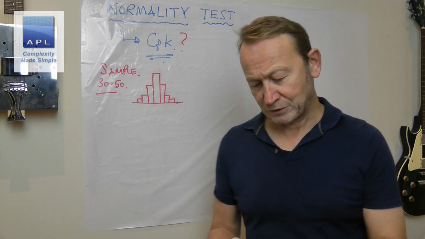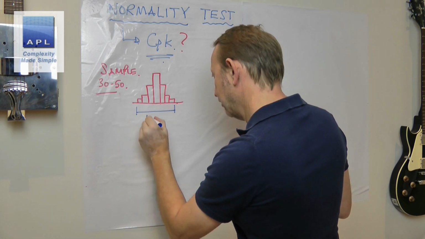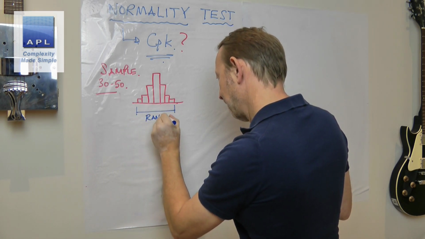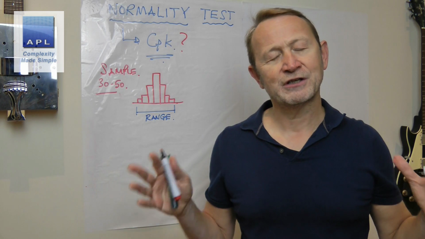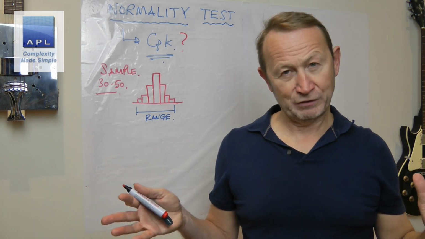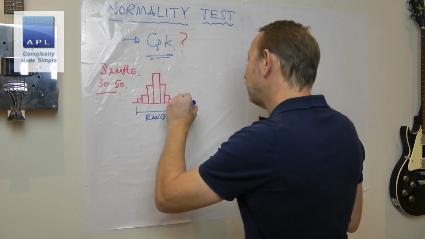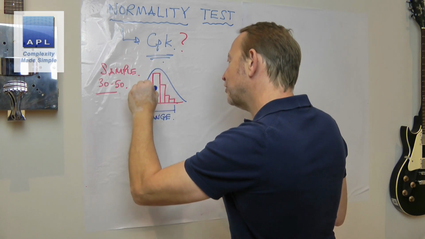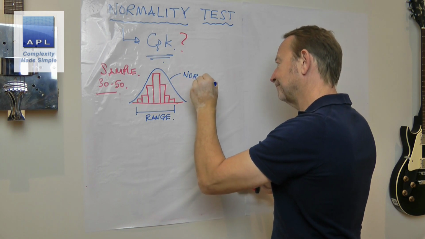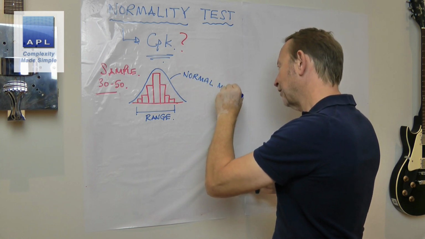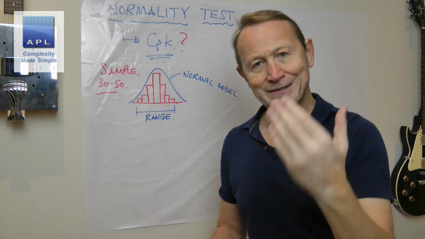Now, because you've sampled, what you don't want to do is use the observed range to predict where your extreme results will fall, because you will underestimate the spread. So what we therefore do is model the distribution. In this case, we are going to fit a normal model. We are modeling what we expect to happen if we produce 1,000 pieces, 2,000 pieces, 10,000 pieces.